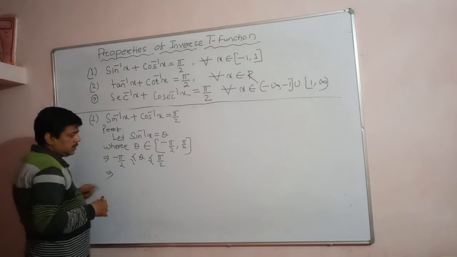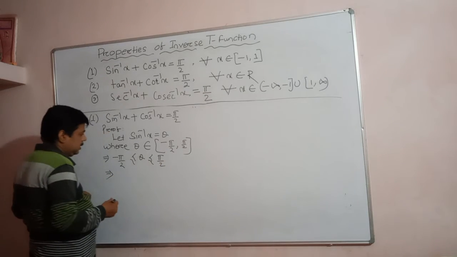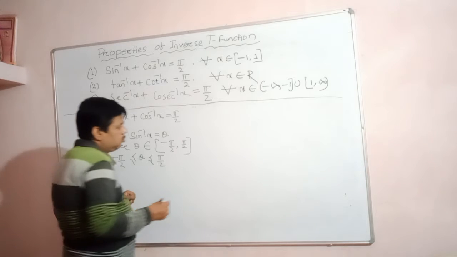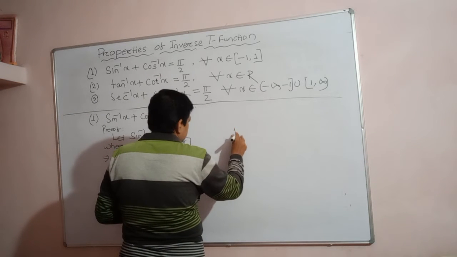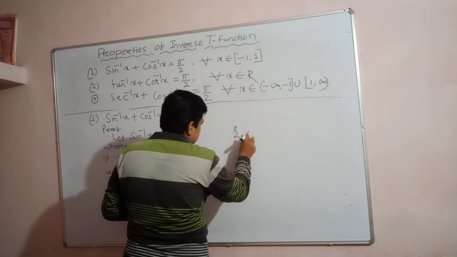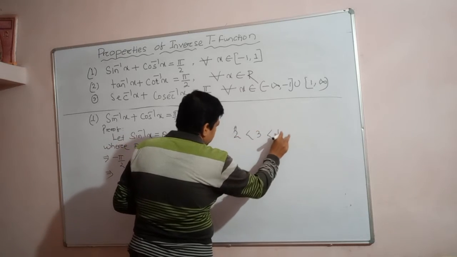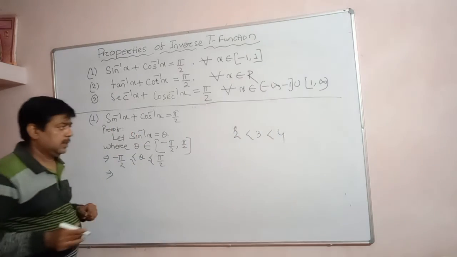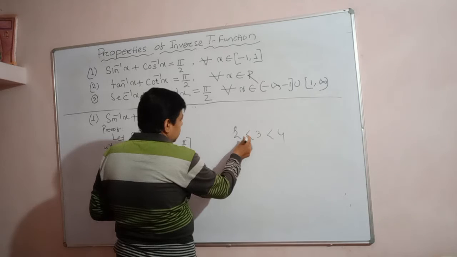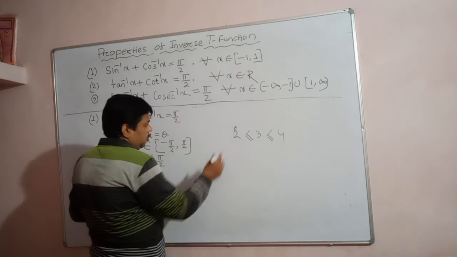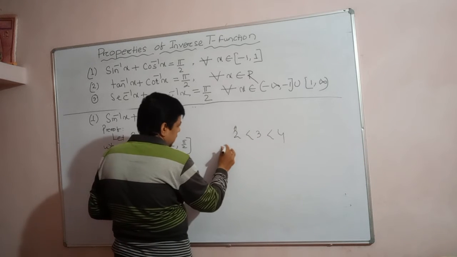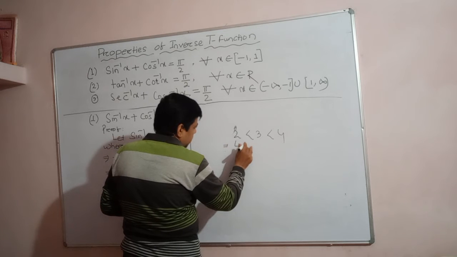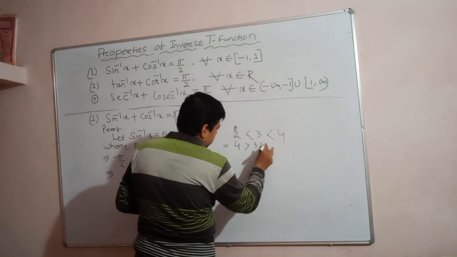So now you change the inequality. As you know, suppose you say 2 is less than or equal to 3 is less than or equal to 4. Is it clear? That implies I can write 4 is greater than or equal to 3 is greater than or equal to 2.